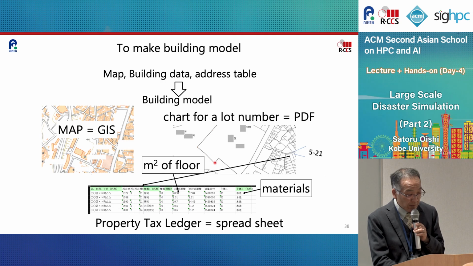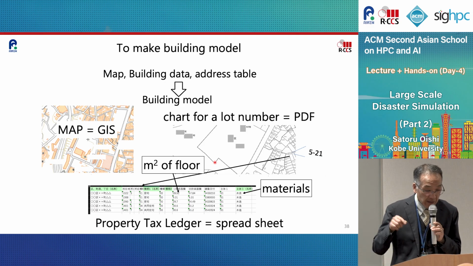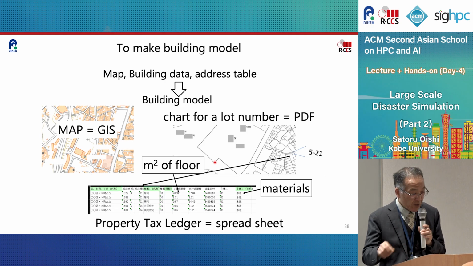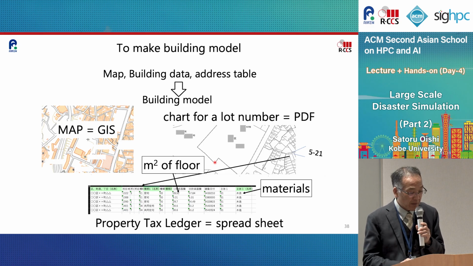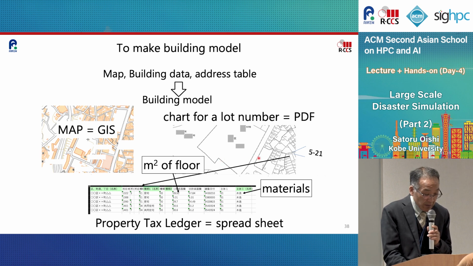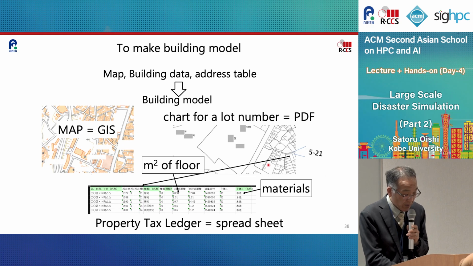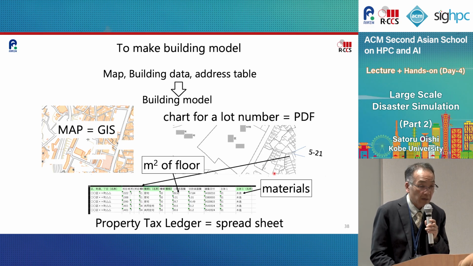In Japan, we have several coordinate systems for positioning, not longitude and latitude, but our own coordinate system. Therefore, we have to change the coordinates, but it is just an arithmetic problem.